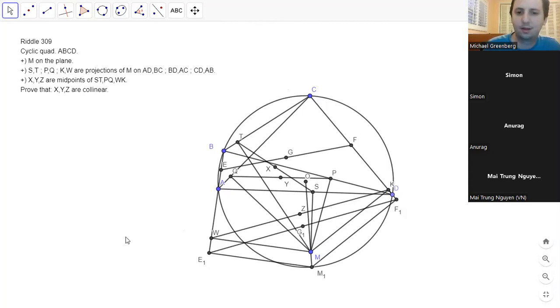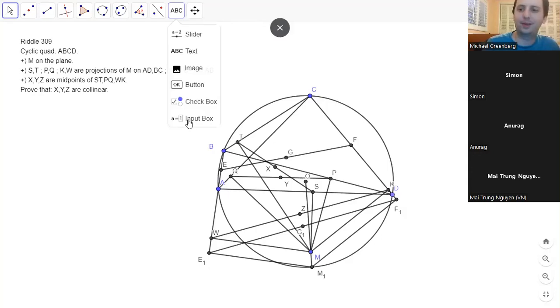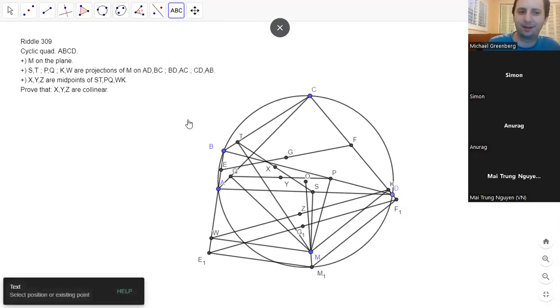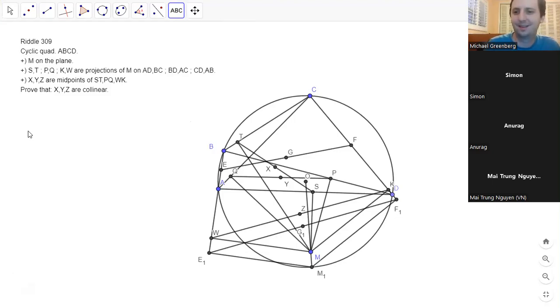The first one is true when M lies on the circle, and the second one is M on the plane. Oh, so it was like a two-part problem. Was this a problem from Vietnam? Because I know Vietnam likes to do that, right? Yeah, it's from there. Wow, very cool.